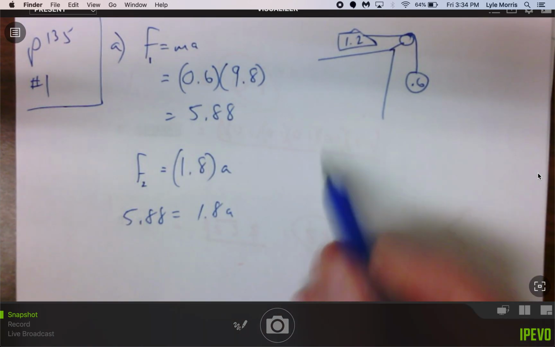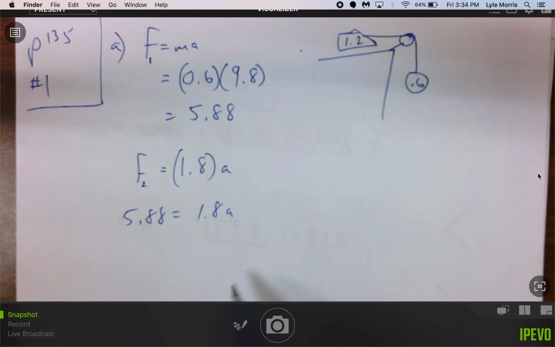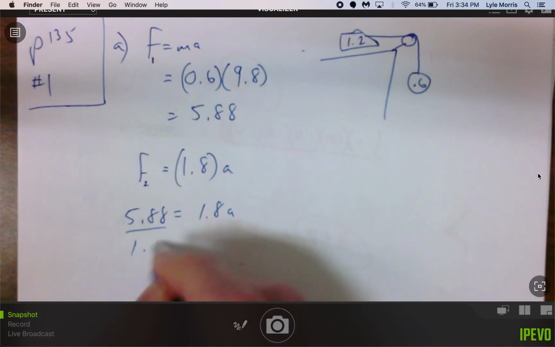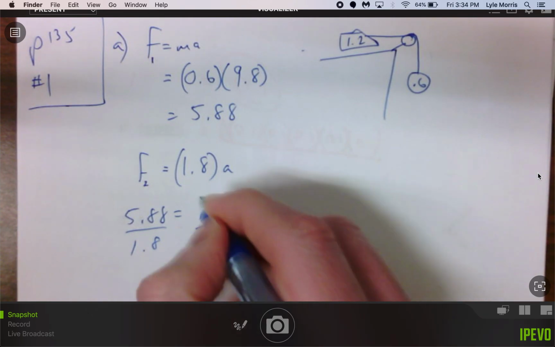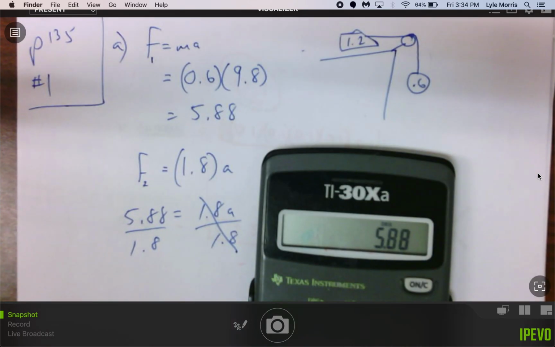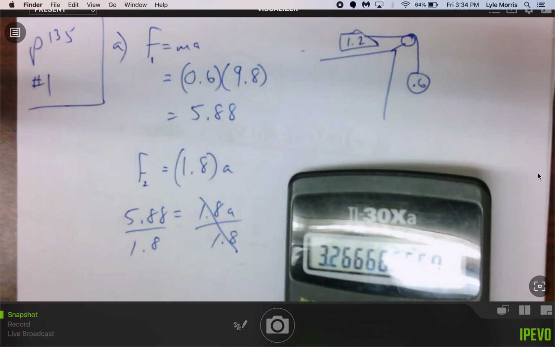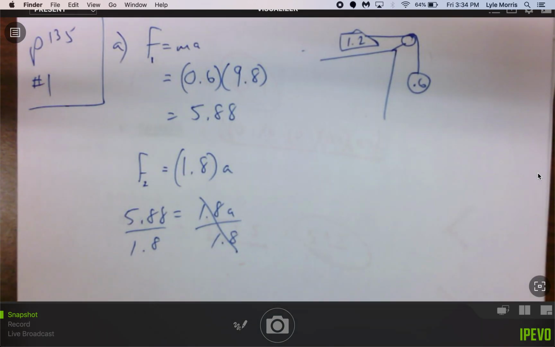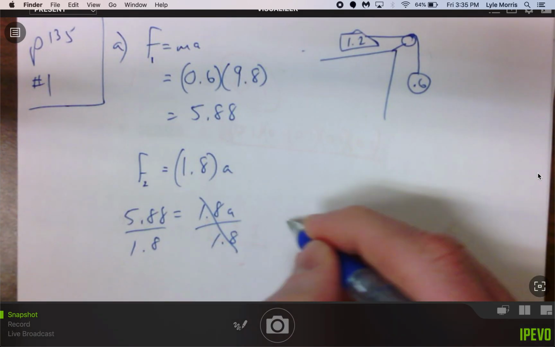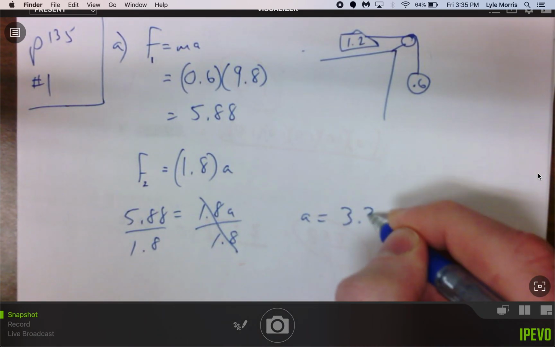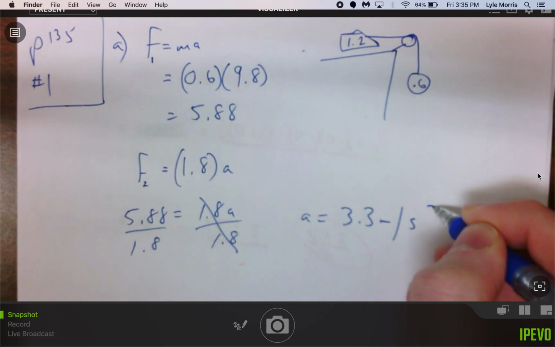We're trying to figure out the acceleration, how fast these things are going to go. So we divide both sides by 1.8. 5.88 divided by 1.8 is 3.3. This is a 2 sig fig question. So the acceleration equals 3.3 meters per second squared.